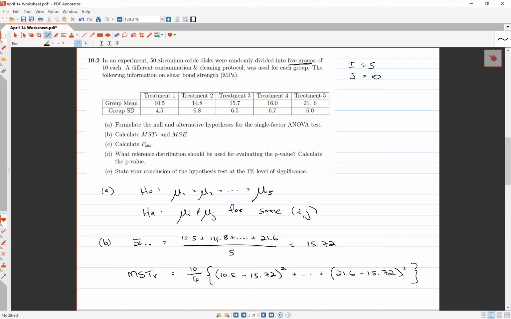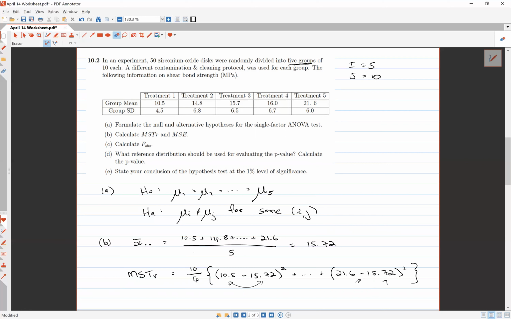And I know I talked about this in the lecture on YouTube, but the intuition about what's happening with mean square of treatment is you're looking at how far each group average is from the overall average. And if all the group averages are the same, then all of these squared differences should be small numbers. If there are groups that are substantially different, then some of these squared differences will be large.